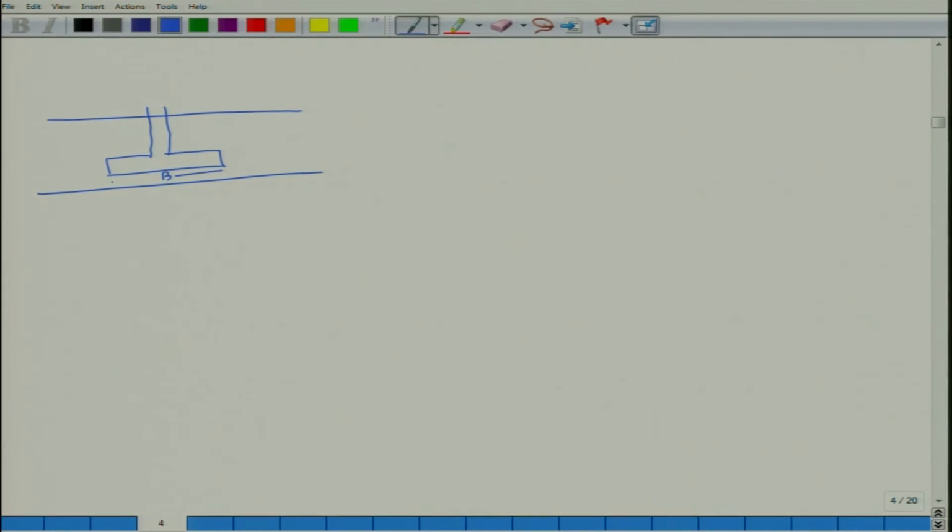This is your B and this depth is your B. This has been explained. This is your surcharge zone, this is your wedge zone, and this is your DF, depth of foundation, and this is your DW.